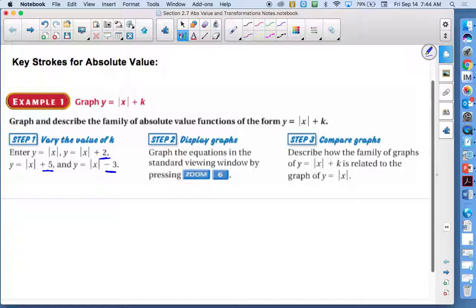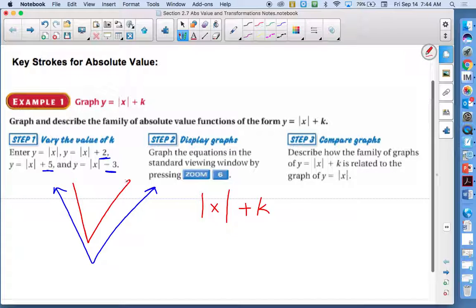So the absolute value graph is going to look like a V. And so if there was a plus number in the back of it, so if it said the absolute value of x plus k, the graph ended up going up. So this number here makes the graph move vertically, but if it's a plus, that graph moved up vertically.